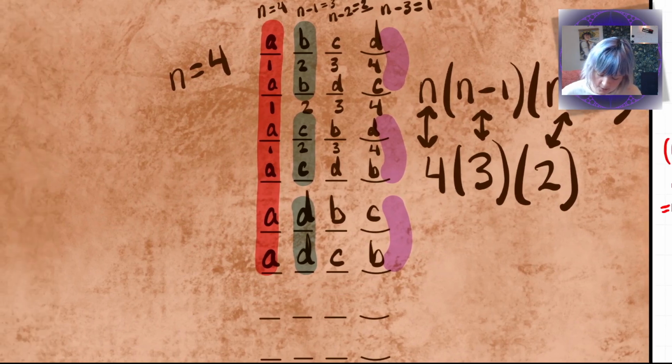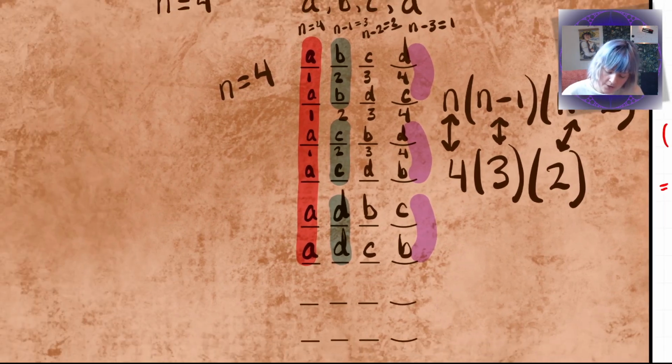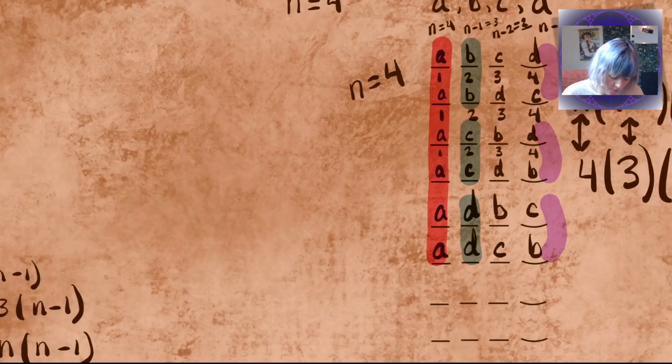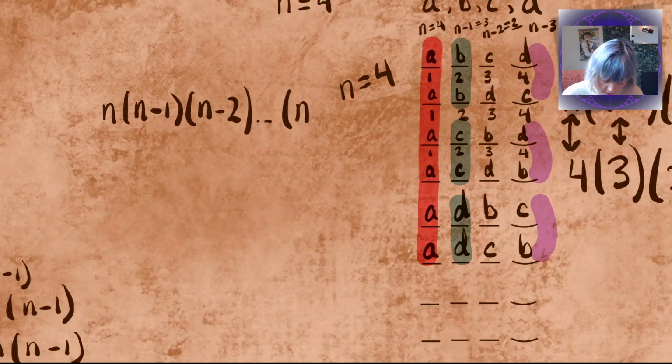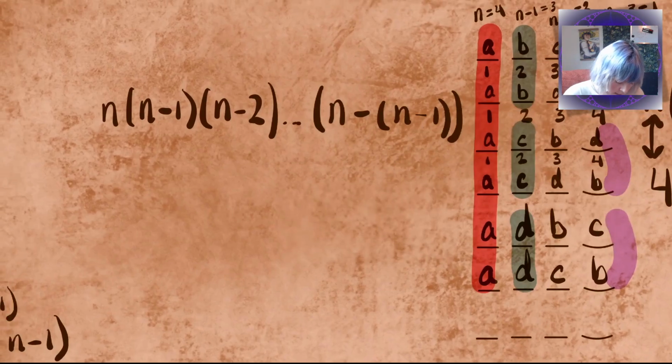So yeah, that is why as n increases, you will have more terms. We got n minus one, n minus two, dot dot dot, all the way until you get to one. And so that's the logic behind n factorial.